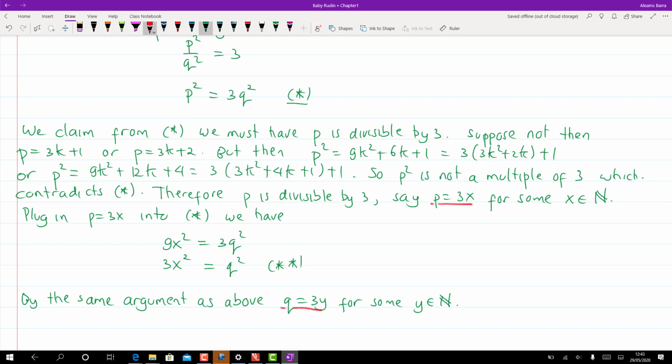So 3 is a common factor of p and q, and this is a contradiction.